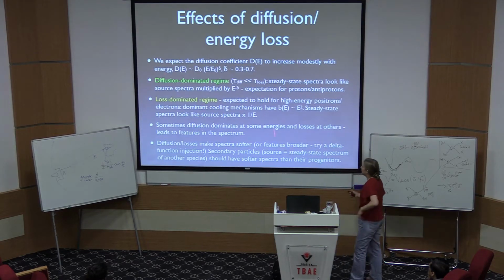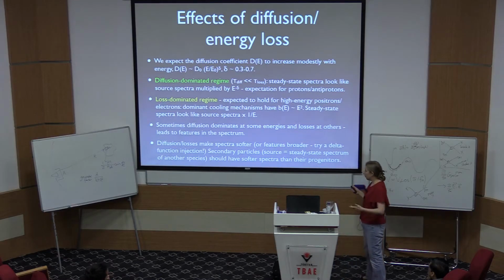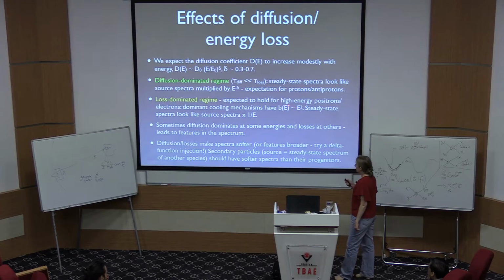So the expectation is that the diffusion coefficient scales roughly like E to the 0.3 to 0.7, and the loss rate for the loss mechanisms that we know about, which are synchrotron radiation and scattering on photons, scales like E squared.